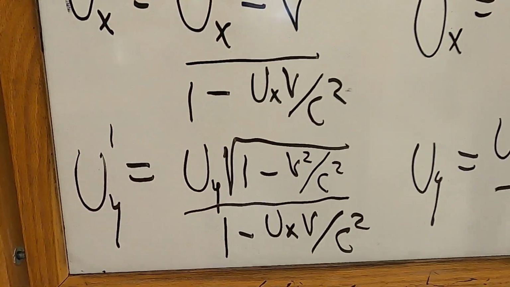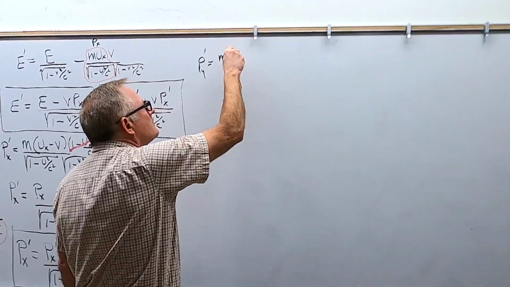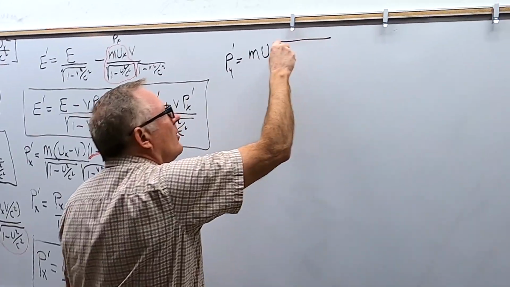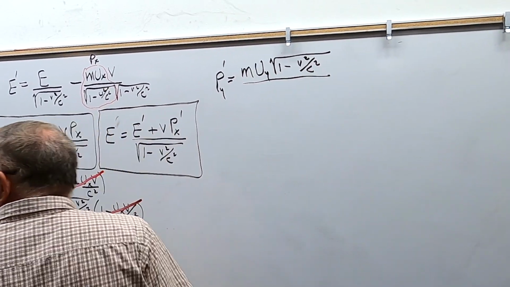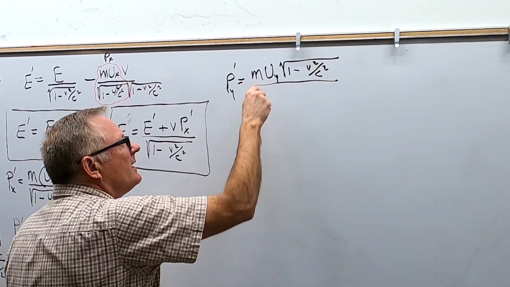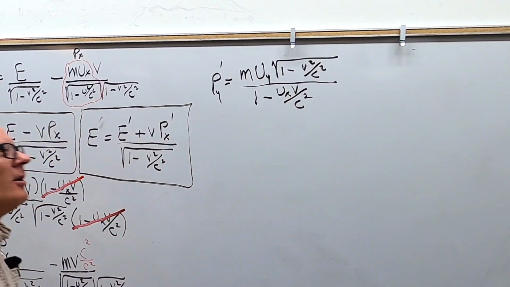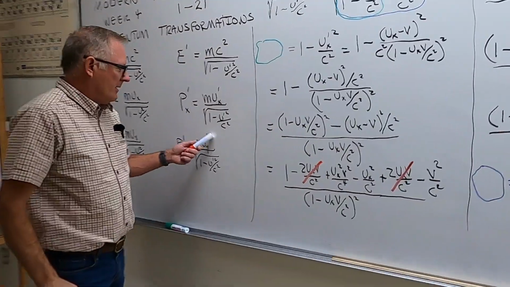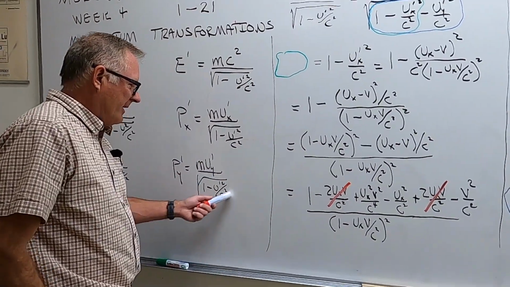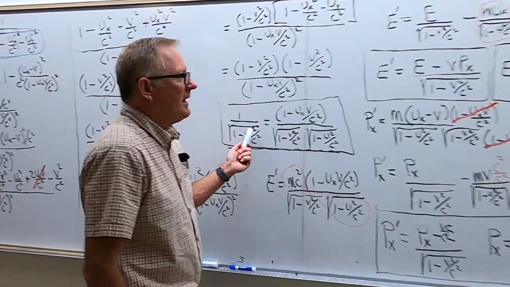So we've got m uy prime, which is uy times the square root of 1 minus v squared over c squared, divided by 1 minus uxv over c squared. So that's just the numerator, so that's just this part. And then we still have this part down here, but 1 over that, we already had it, it's right here.